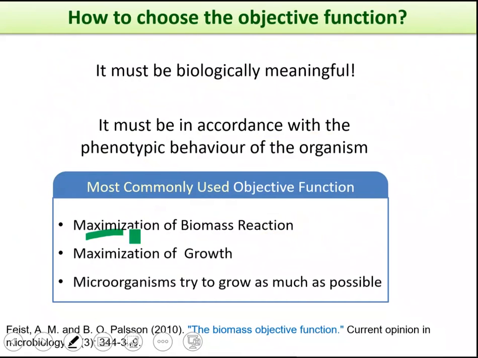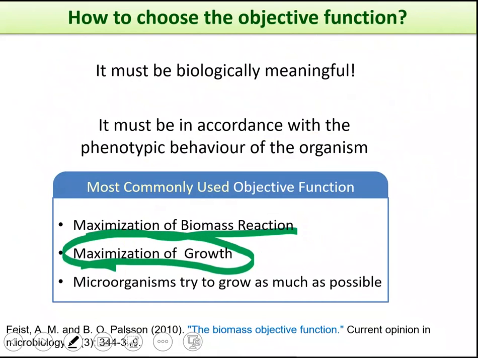Maximization of biomass reaction means maximization of growth, right? Biomass reaction defines the growth of the organism because it defines the production of macromolecules: lipids, carbohydrates, nucleic acids, and proteins. When the organism grows and divides, for example microorganisms, they divide to make new cells.